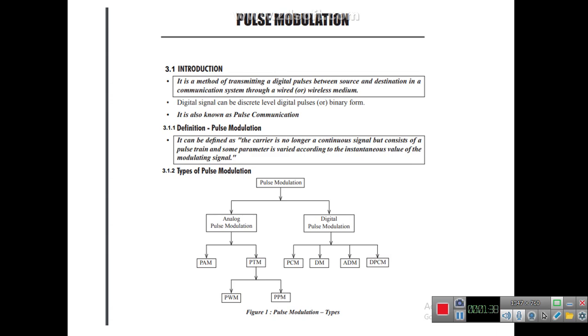Digital pulse modulation can be classified into four types: PCM, which is pulse code modulation; DM, the delta modulation; ADM, adaptive delta modulation; and DPCM, the differential pulse code modulation. These are the types of pulse modulation.